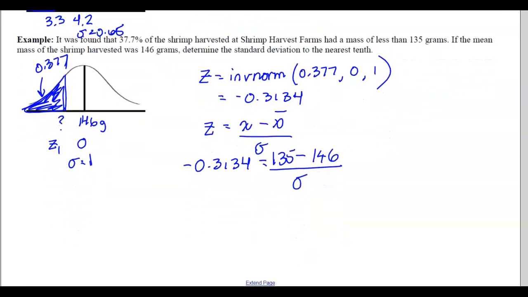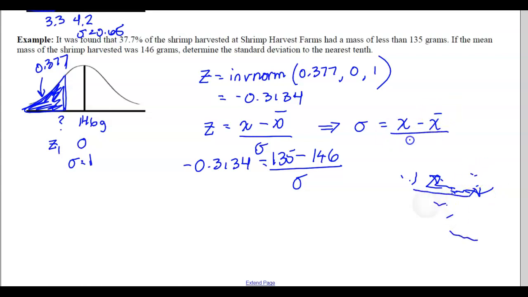When you solve that, these will interchange: if you multiply through by sigma, then you can divide by Z. So my standard deviation is going to equal X minus the mean over Z. You can do that right away, or you can put the numbers in and then do it.